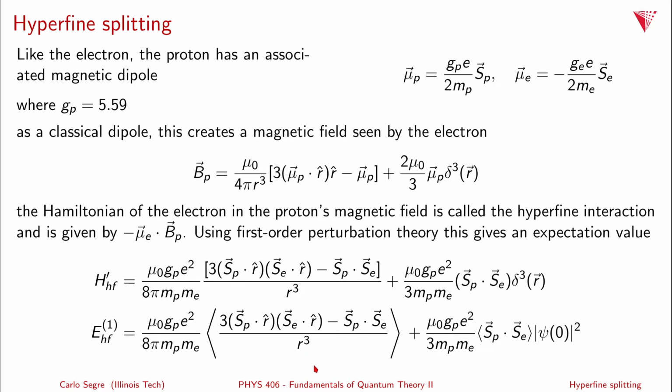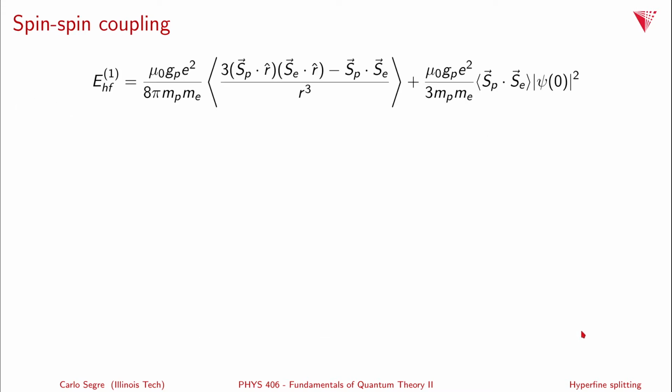And then you have the second term, which is mu sub 0 g sub p e squared over 3 m sub p m sub e, expectation value of S sub p dotted into S sub e, times, because of the delta function, the wave function at the origin modulus squared. So this is our energy correction.